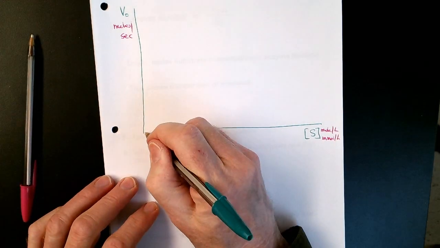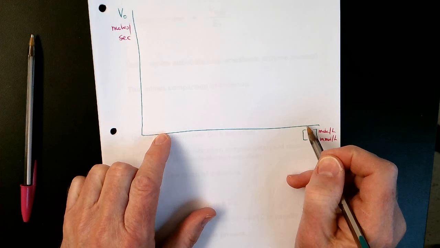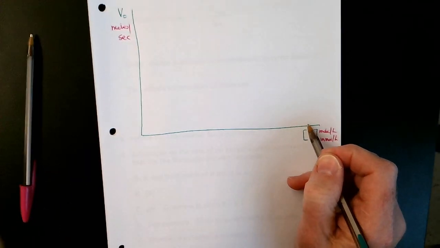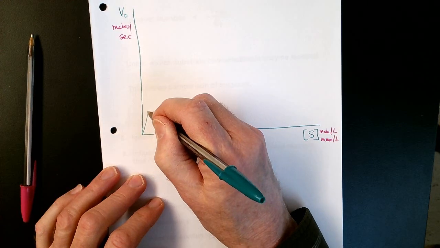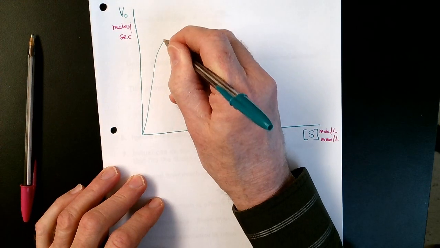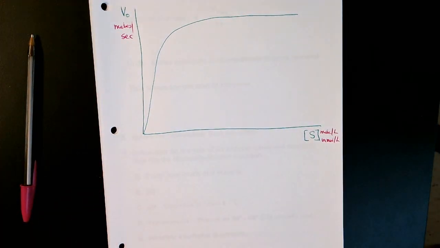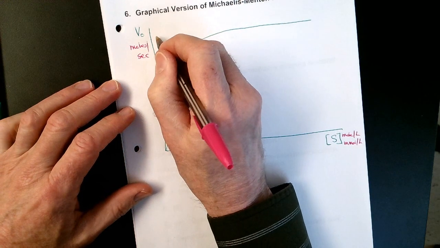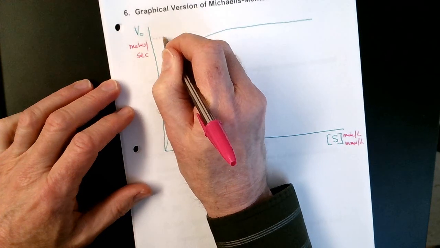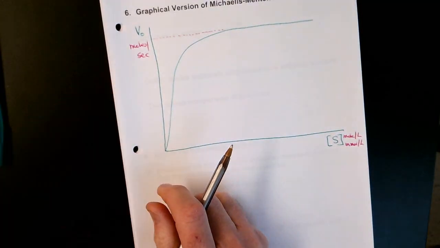So you throw various concentrations of substrate at your enzyme and say, okay, how fast are you going to work if I give you this amount to eat? You'll see a curve that will look something like that. It goes up kind of fast and then it levels out. Up here it looks like there's a ceiling that this thing has hit and it doesn't want to go any farther.